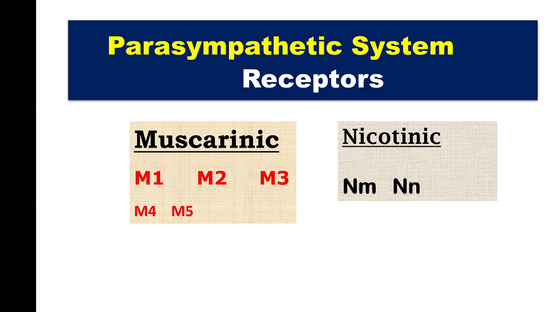Here, muscarinic and nicotinic. Muscarinic has 5 receptor subtypes, M1 to M5, but for practical purposes we will focus on M1, M2, M3. And nicotinic are of two types, NM and NN. So this was the overview of the parasympathetic system.